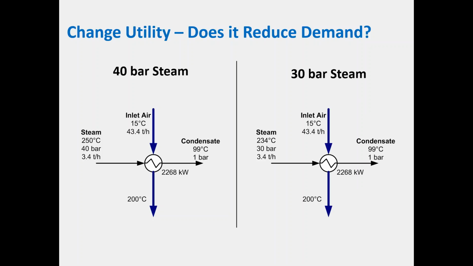All that has changed is that the temperature of our steam has changed. The amount of energy in our steam doesn't really change much between 40 and 30 bar, so it's about the same amount of steam, and so we still have the same demand from our process, the 2,268 kilowatts, and we've not actually saved any utility.